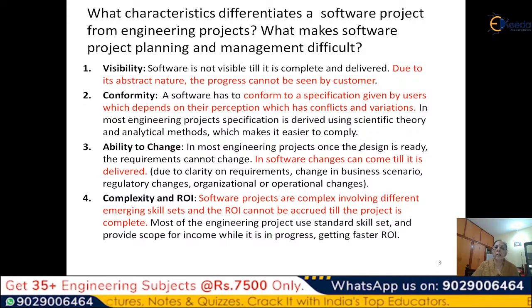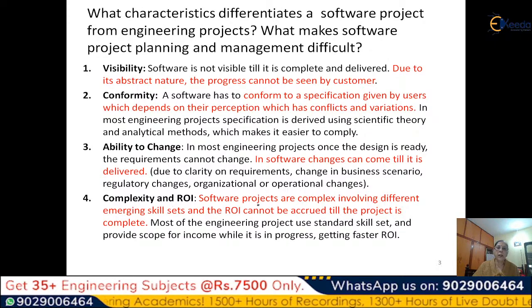So the tools and dies and that machine have to be put in the same fashion. So once the design is done, then the production starts. So there is no more change you can do. It's not like that here. So we have to manage the change till we are doing the delivery. So that is one of the most difficult challenges in a software project.